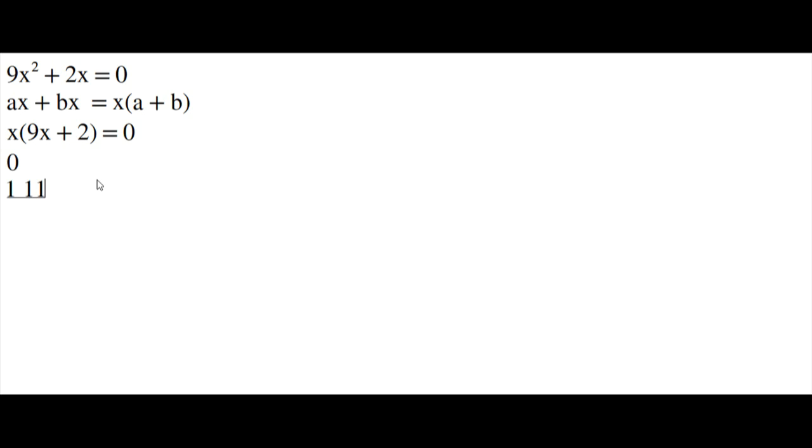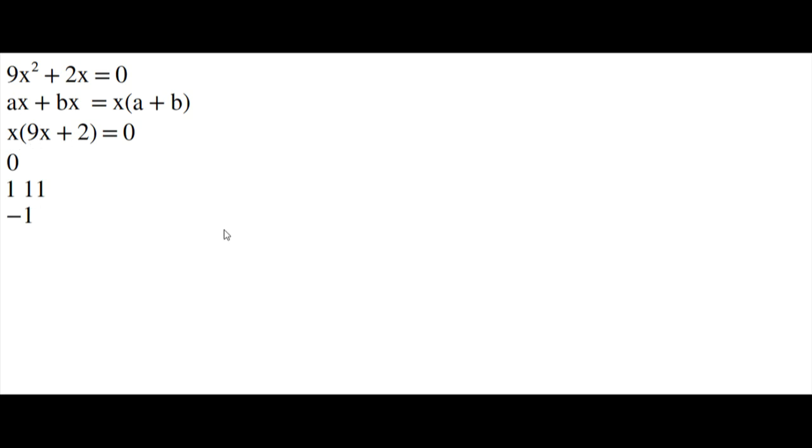So that's not it. And you could also plug in negative numbers, like negative 1 times 9 plus 2, you would end up with negative 7.